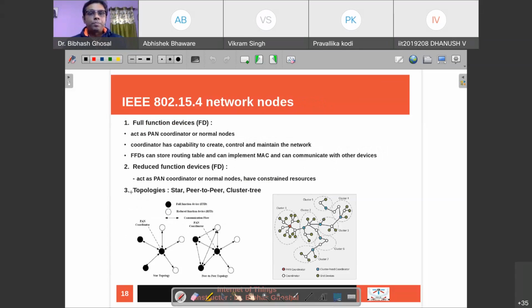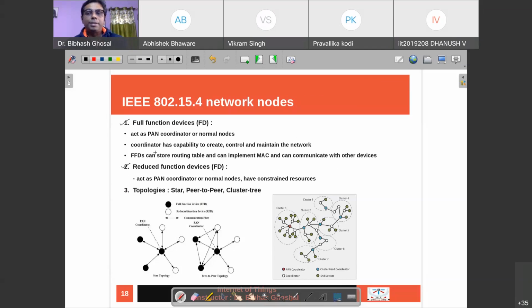So how does this protocol work? The nodes that make use of this IEEE 802.15.4 are of 2 types. They are either full function devices or reduced function devices. Full function devices are those which normally act as the coordinator.